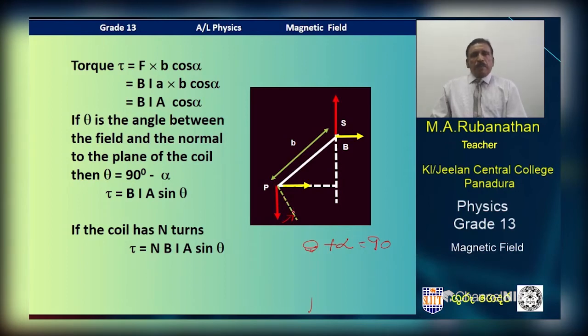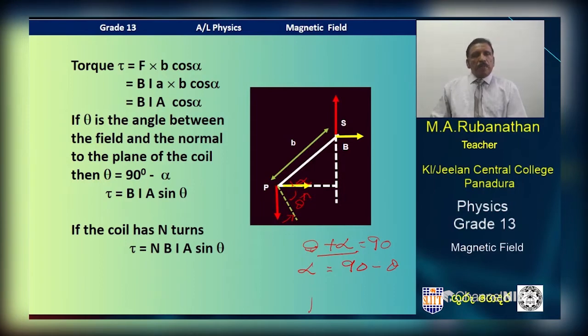Theta is the angle between the normal and the field, therefore this is angle theta. Earlier I told you this one is alpha. Therefore, we write theta plus alpha is equal to 90, so alpha is equal to 90 minus theta.